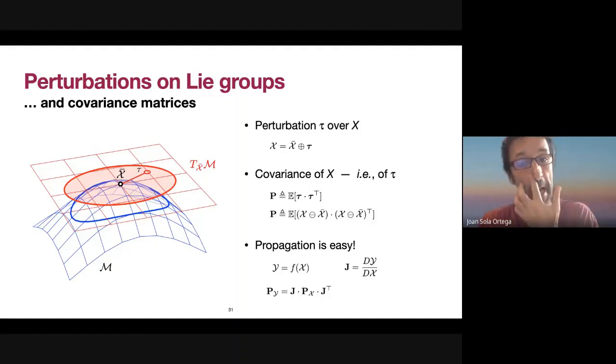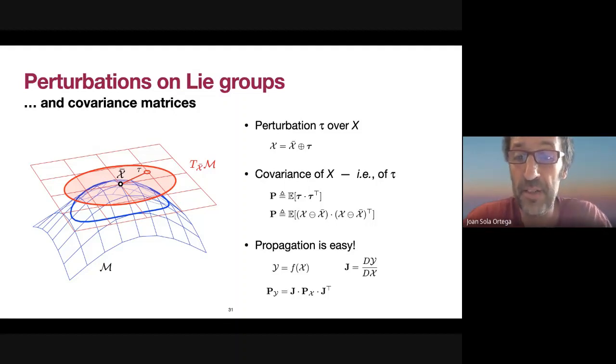So you define this perturbation as tau, and then the covariance as the covariance of tau. You express it in terms of x. You obtain this expression P equals expectation of x minus x bar, and so on, which, if you are more or less used to covariances in linear spaces, would remind you of the definition of the covariance, just with the signs changed.